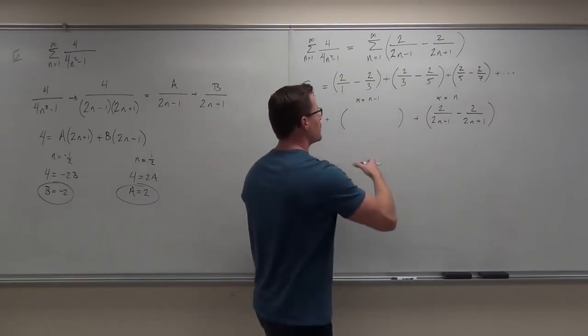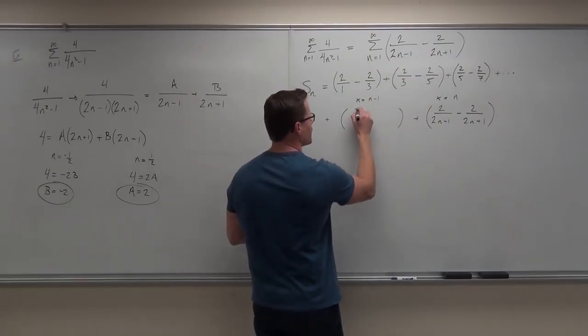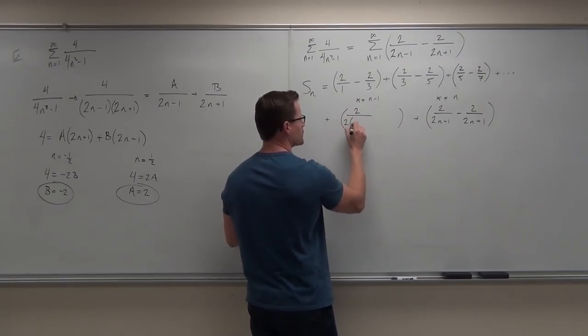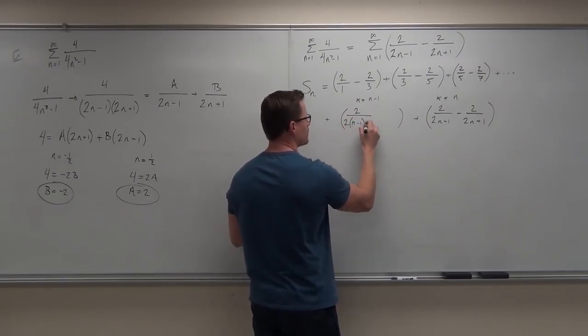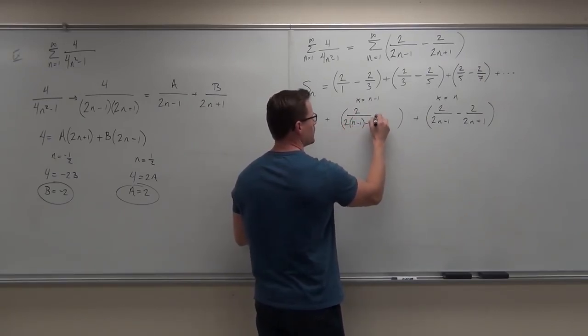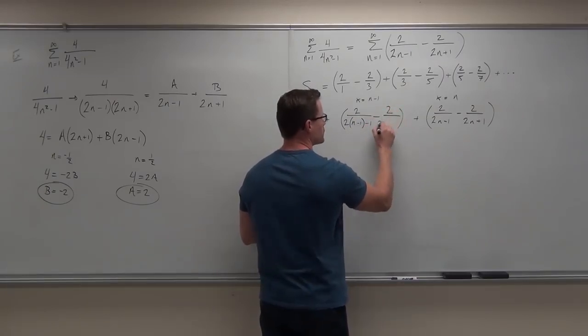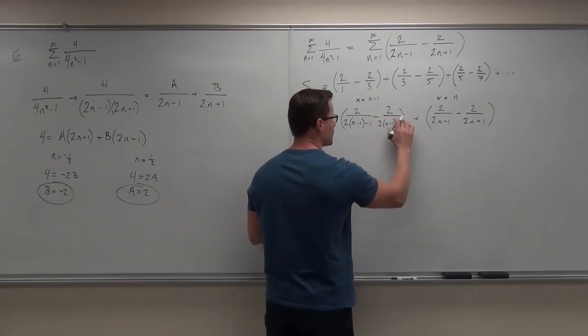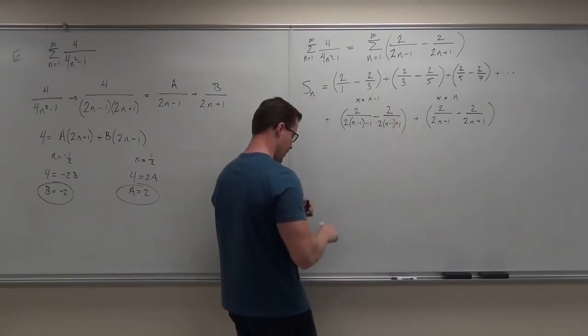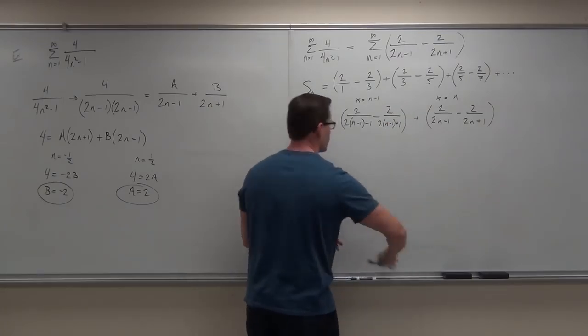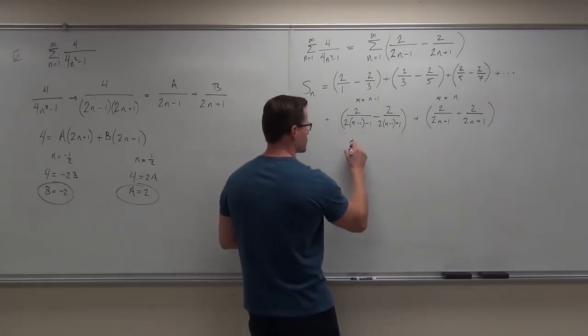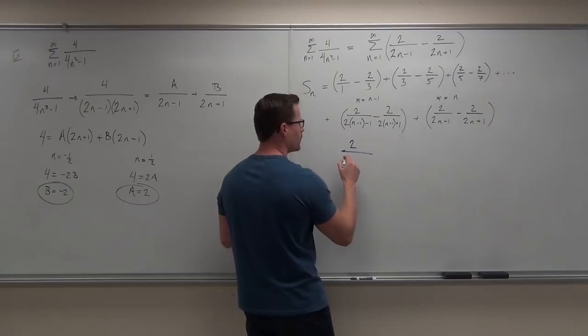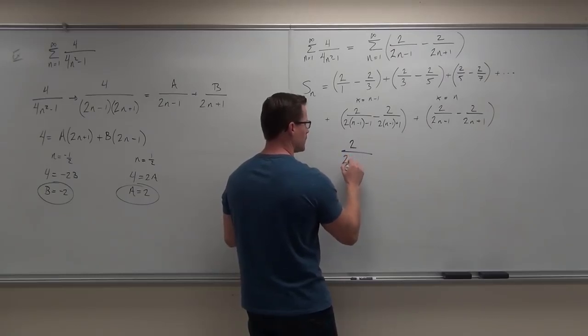Show of hands if you feel okay with that one. Now, let's plug in the n minus 1. If I plug in the n minus 1, we get 2 over 2 times n minus 1 plus 1 minus 1. Minus 2 over 2 times n minus 1 plus 1. That's 2 over 2n minus 3.